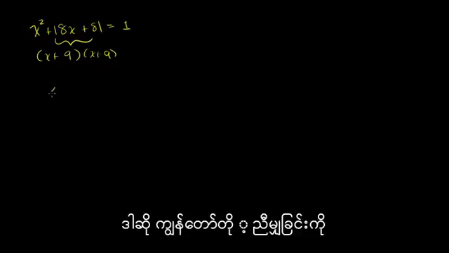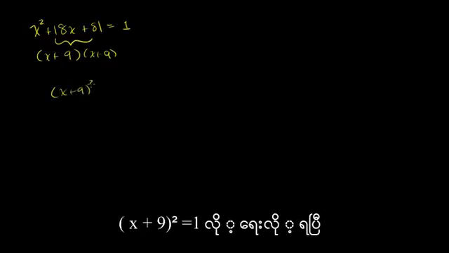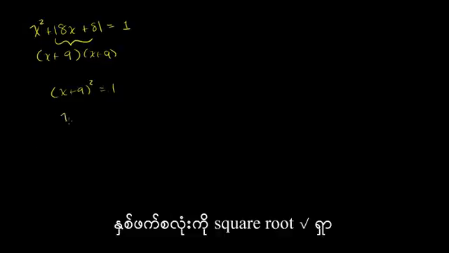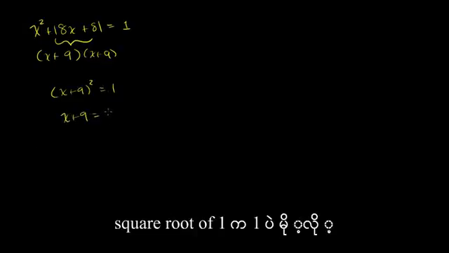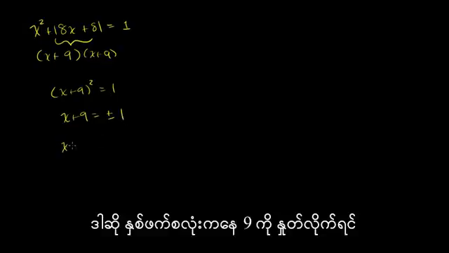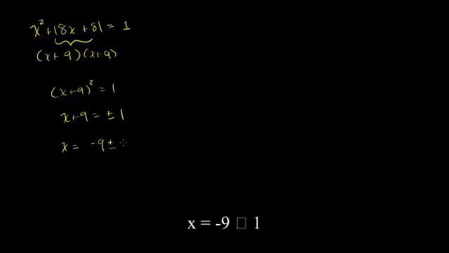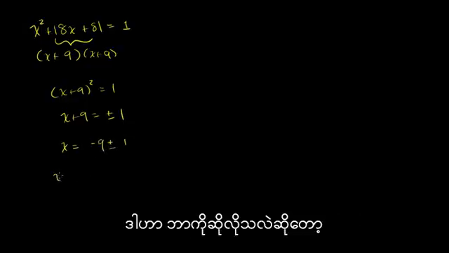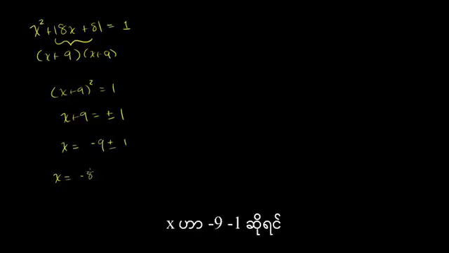So we can write our equation as x plus 9 squared is equal to 1. Take the square root of both sides. You get x plus 9 is equal to plus or minus the square root of 1, which is just 1. So x is equal to, subtract 9 from both sides, negative 9 plus or minus 1. And that means that x could be equal to negative 9 plus 1 is negative 8, or x could be equal to negative 9 minus 1, which is negative 10.